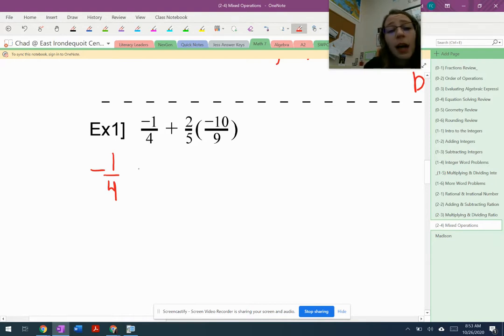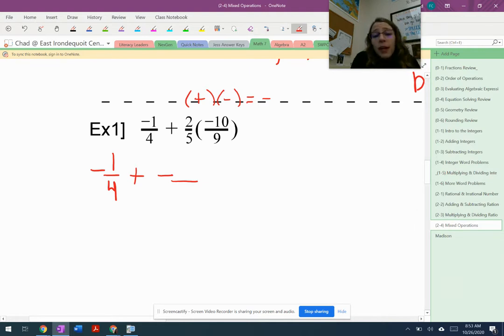Now here, I'm going to keep that plus sign. Now I have a positive number being multiplied by a negative, so I know that a positive times a negative is going to give me a negative. So I'm going to go ahead and write that negative down right away so I don't forget it, because that's the biggest thing I'm seeing you guys do these days, forget to carry your negatives.